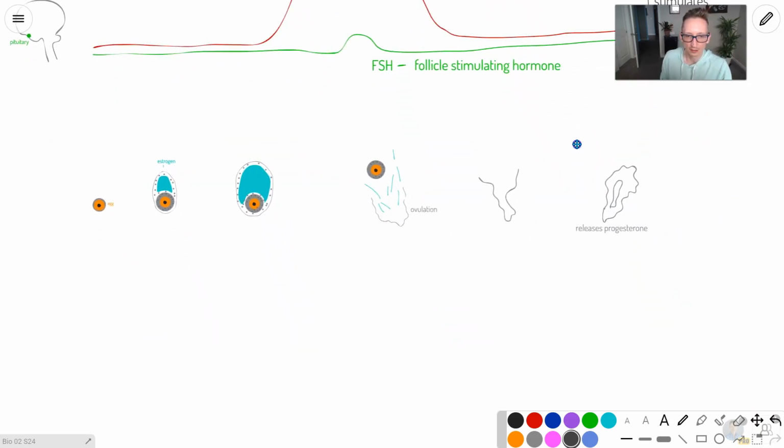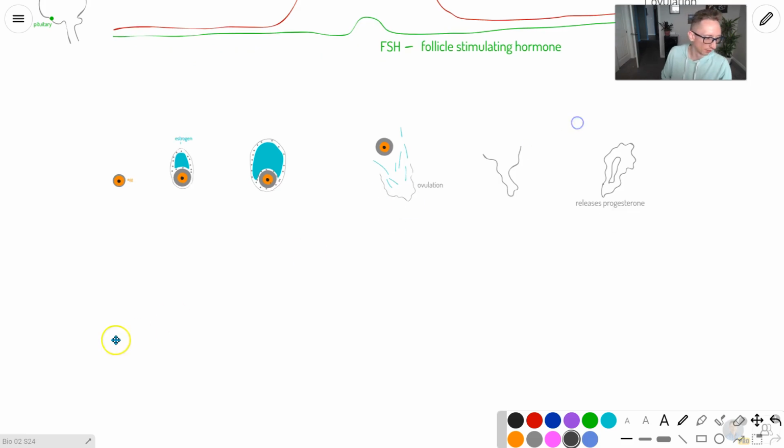All right, let's add in another couple of hormones. Now, we've already talked about these, but let's talk about them in context with their concentration. So we've got the ovary now. Talking about the ovary. Need a little T, sorry. All right, and we've got our estrogen being contained, but also released by this developing follicle.